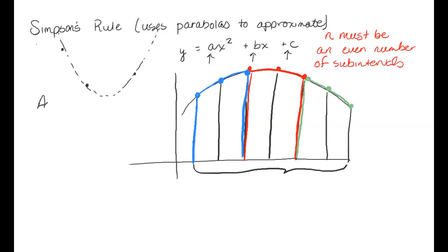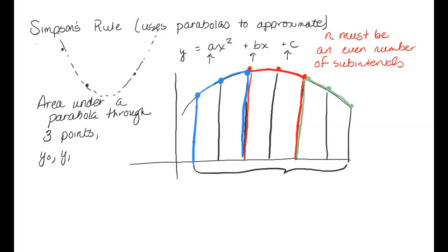The area under a parabola through 3 points, and we're going to label them y sub 0, y sub 1, and y sub 2 for this first one, is the first y value plus 4 times the second y value plus the third y value.